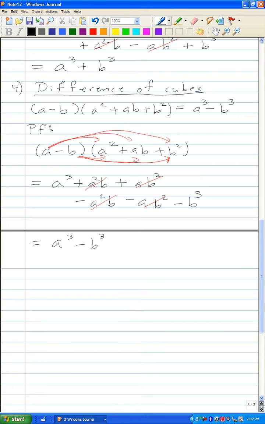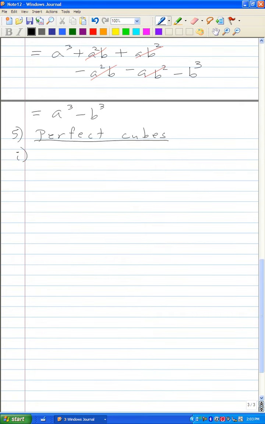Next are the perfect cubes. So let's look at the perfect cube formulas. So first, a plus b cubed is a cubed plus 3a squared b plus 3ab squared plus b cubed.